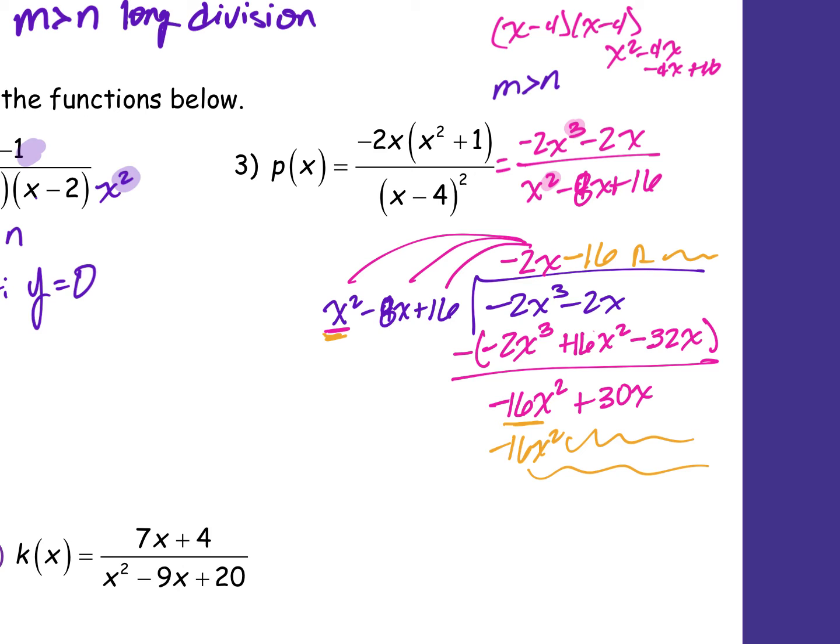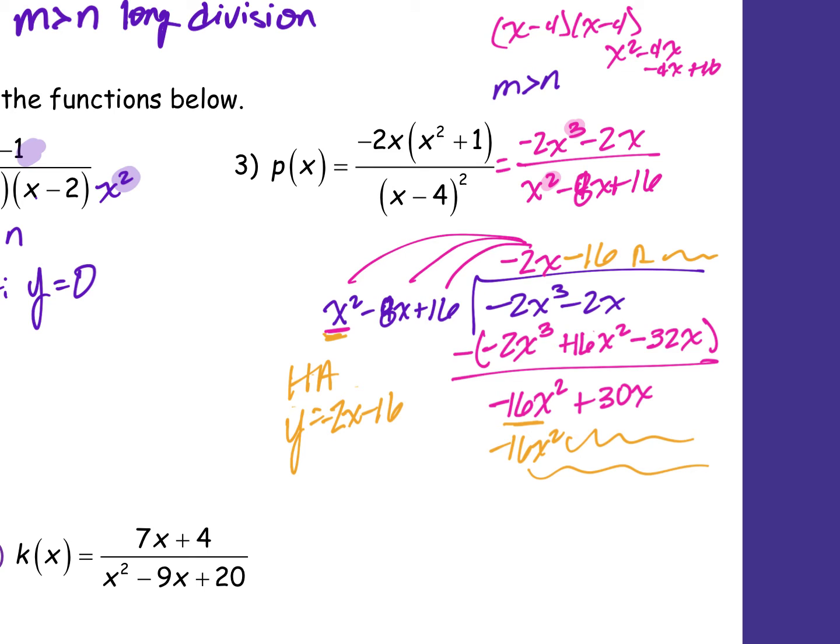No. So my horizontal asymptote is y. I should have written this somewhere else. Horizontal asymptote is y equals negative 2x minus 16. I don't need the remainder part.